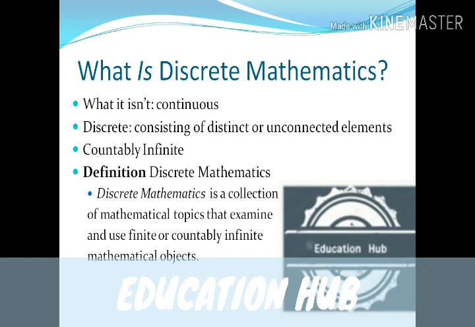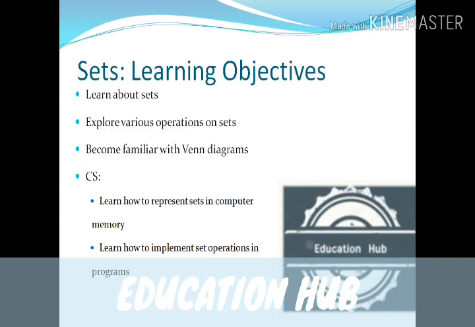The definition of discrete mathematics is a collection of mathematical topics that examine and use finite and countably infinite mathematical objects. That is, it is not continuous; there are some discrete elements, but we have to make some assumptions and predictions.